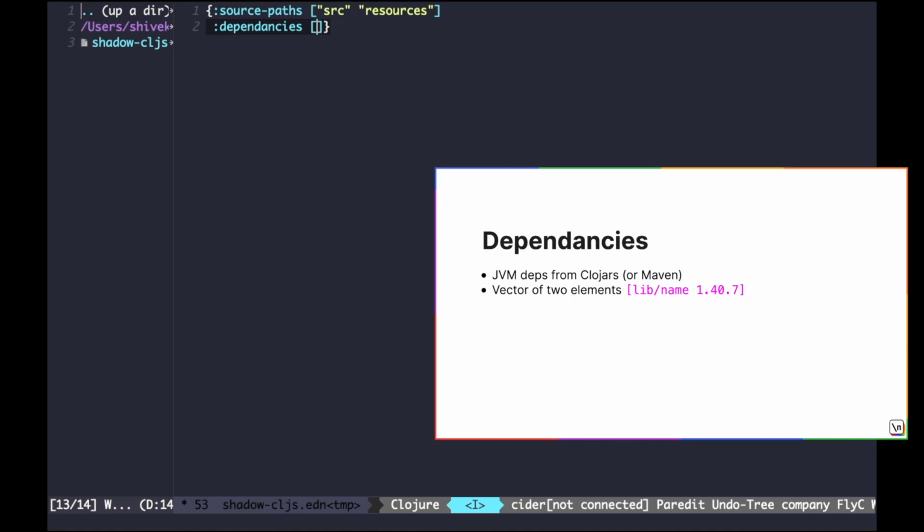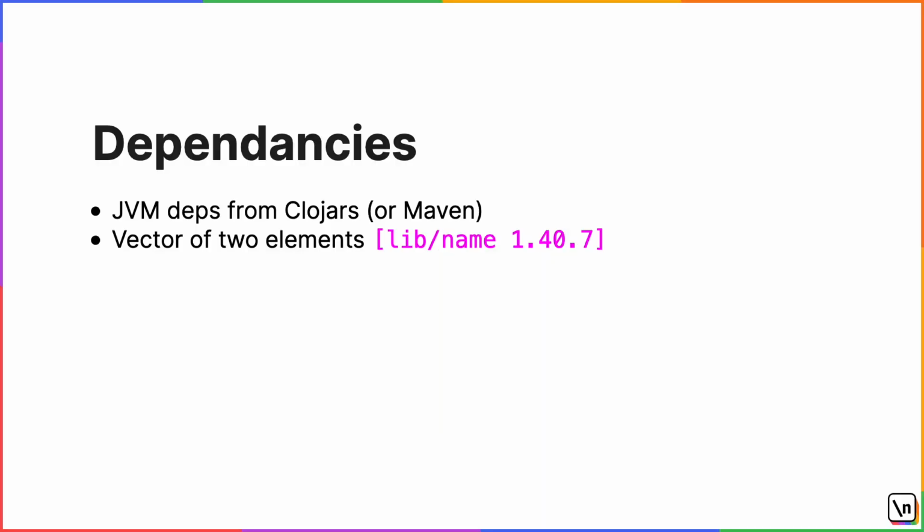Shadow also has support for NPM dependencies, but those go to the standard package.json file, which we'll create in a while. The dependencies key in the case of Shadow refers to JVM dependencies hosted on Maven. Since we don't have any external library for our first project, the value is an empty vector. In case we had some dependencies, each element of the vector would be a two-element vector where the first element is the name of the package and the second element is the version number.